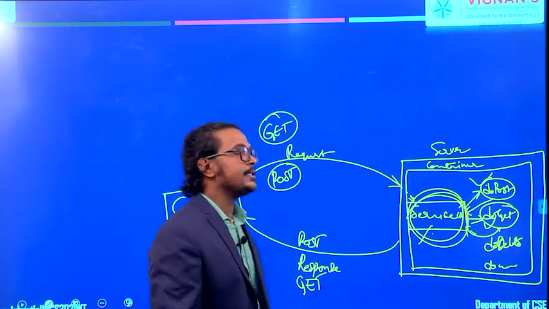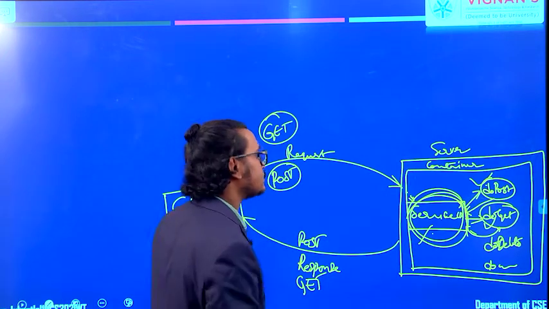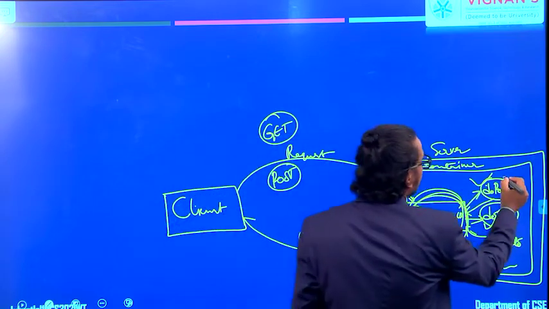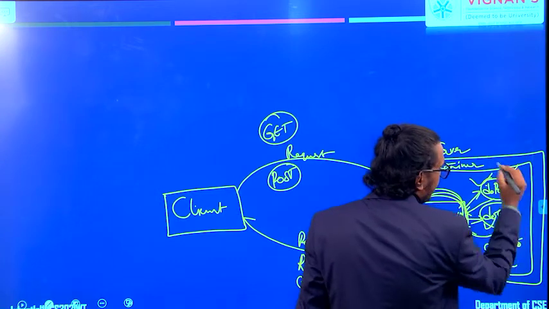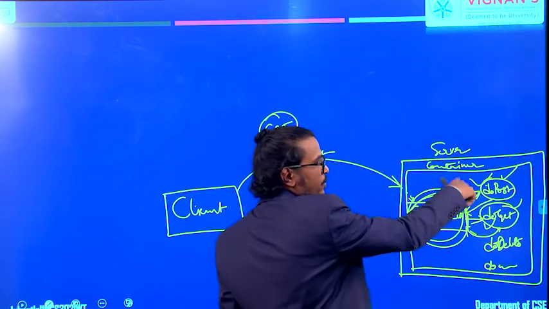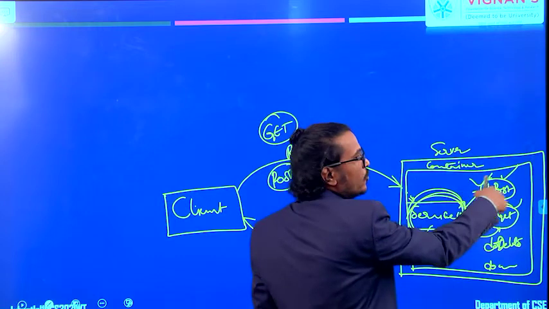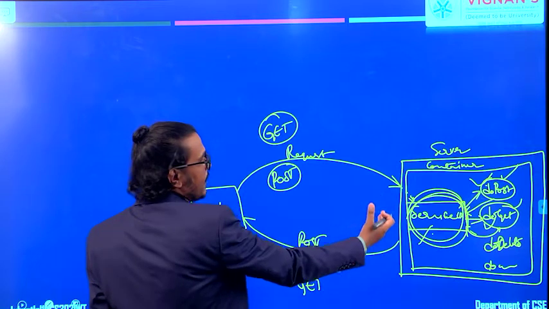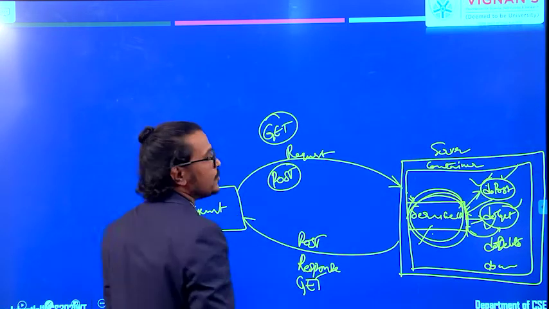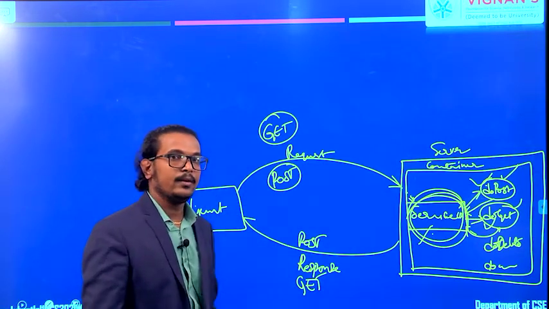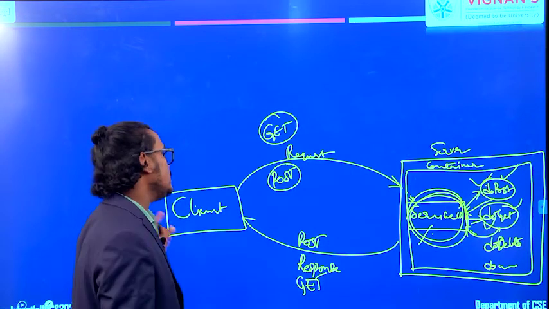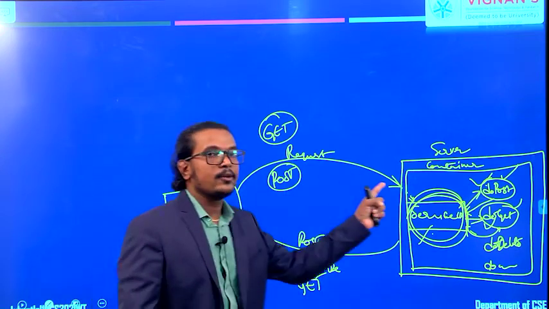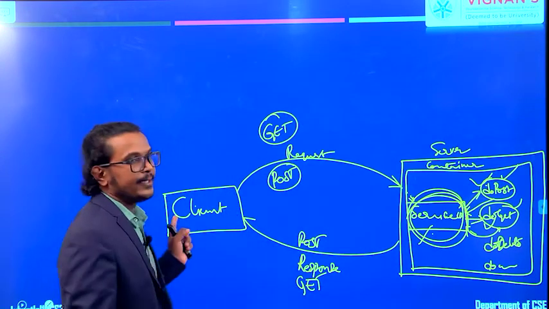Here we are not overriding the service method; we override the get method or the post method based on the method type, and we dispatch the response to the client machine. This is the working procedure of the HTTP servlet.